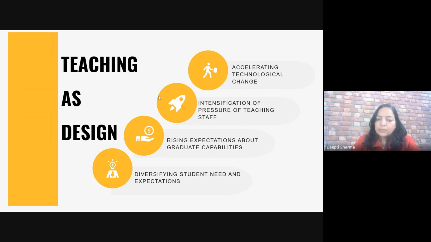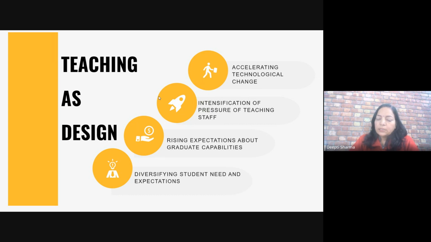And second thing is rising expectations about graduate capabilities. Whenever various streams and graduation specializations are there, nowadays we have very rising expectations for graduates as per their capabilities, even though they have already learned a lot from technology.